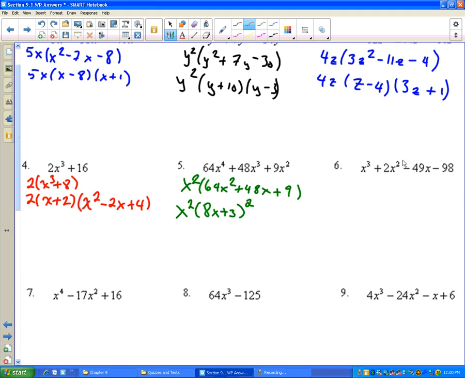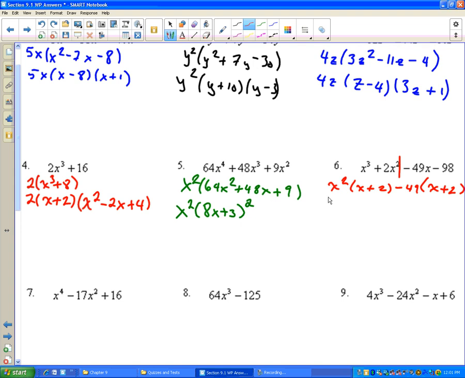On number 6, I have 4 terms, 1, 2, 3, 4 terms. I have to go ahead and factor using factor by grouping. These first 2 terms, I'm going to pull out an x squared, which is going to leave an x plus 2. To get x plus 2 over here, I need to not just take out a 49, but a negative 49, which is going to leave x plus 2.